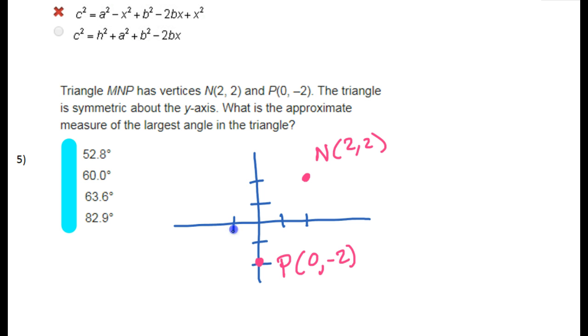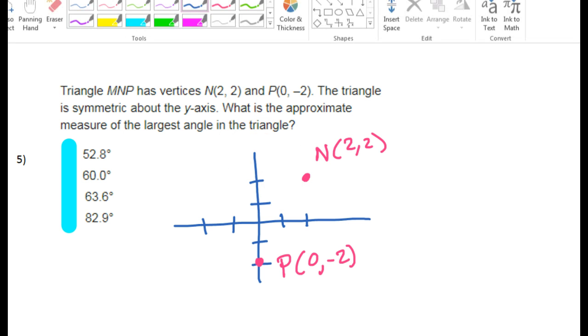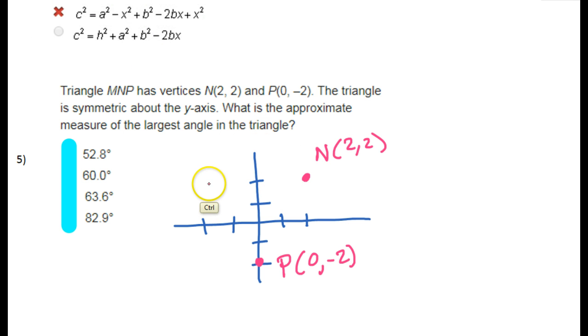Point M must be 2 units to the left, if it's going to be symmetric about the y-axis. So point M must be right here, and that is the point (-2, 2).